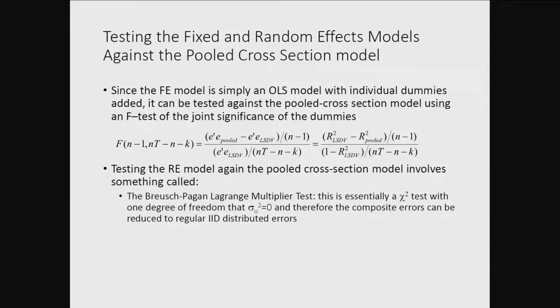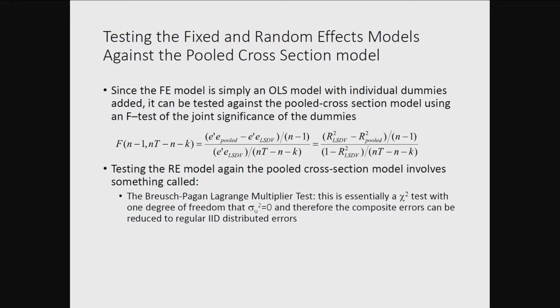And so that's for fixed effects and OLS. For the other one, which is random effect against the pooled cross section, because until now I'm contrasting each model, random effects and fixed effects, with the pooled OLS, right? So we've seen the first one.